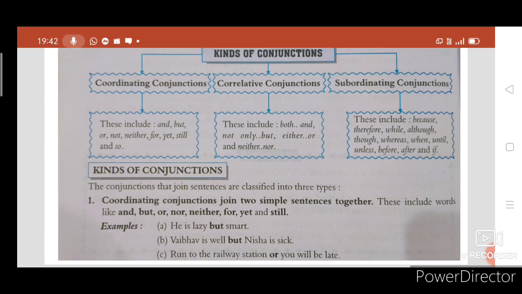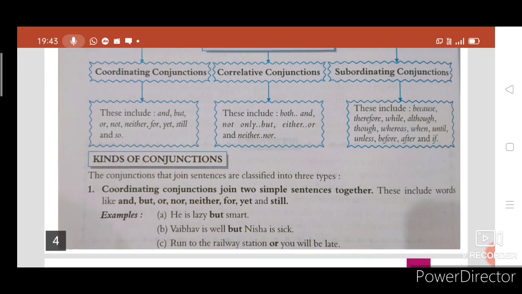Coordinating conjunction examples are: and, but, or, nor, neither, for, yet, still, and so. These all are your coordinating conjunctions. Correlative conjunctions are: both, and; not only, but also; either, or; and neither, nor.